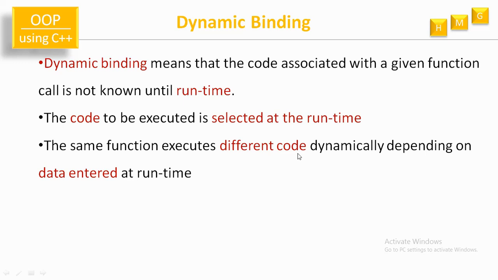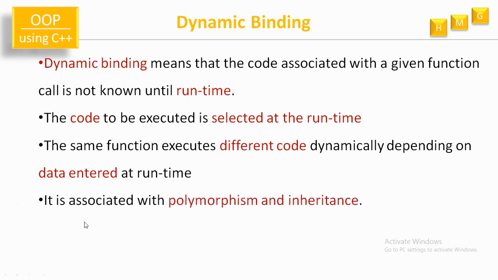If the data entered is three sides, then at runtime the same function will execute the code of finding the area of a triangle. So this is called the dynamic nature. In this way, the same function executes different code dynamically depending on the data entered at runtime.